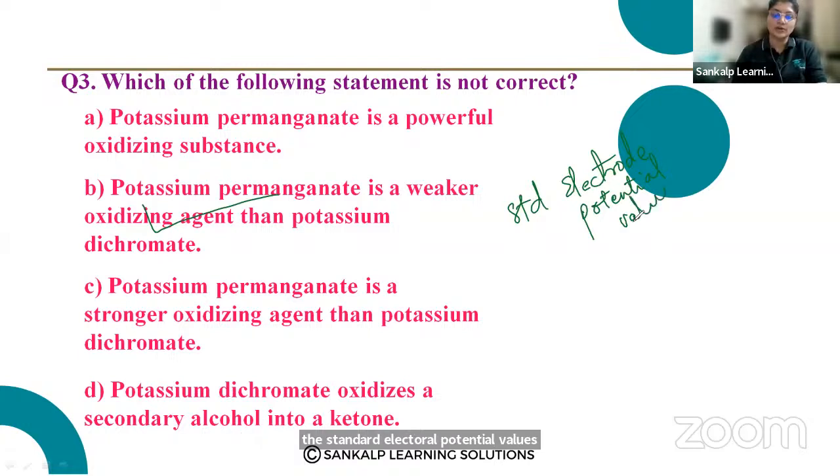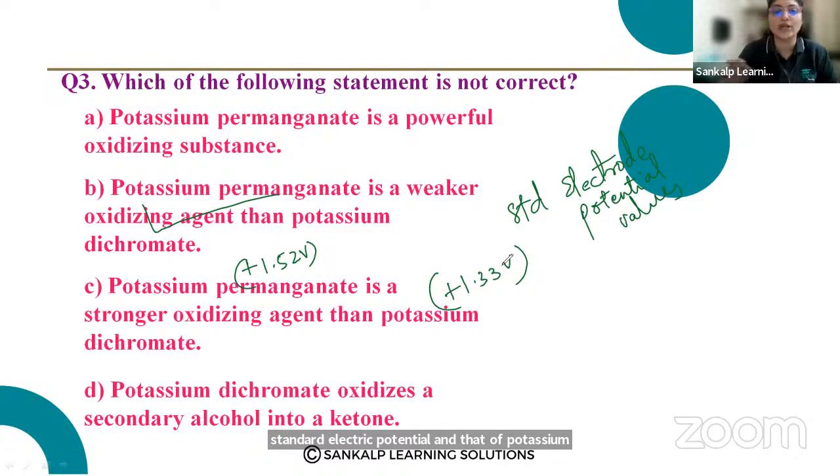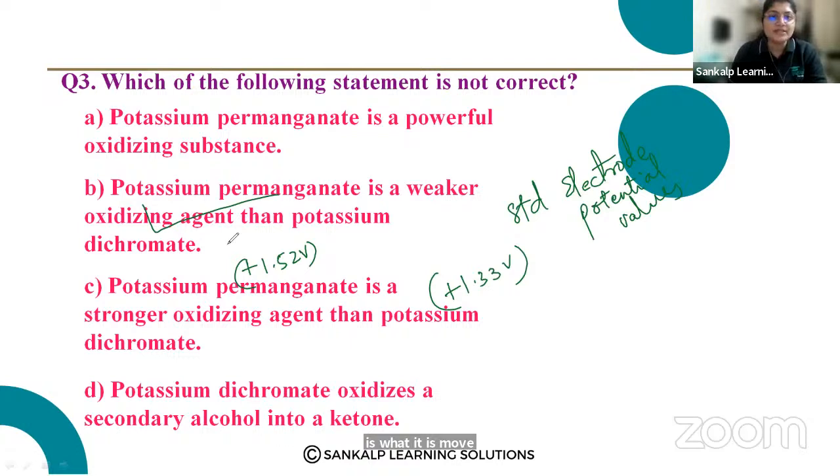For potassium permanganate, the standard electrode potential is plus 1.52 volts, and that of potassium dichromate is plus 1.33 volts, both in acidic medium. So when comparing, the value is higher for potassium permanganate. What do we mean by standard electrode potential?